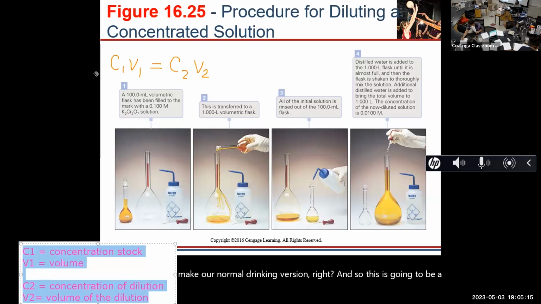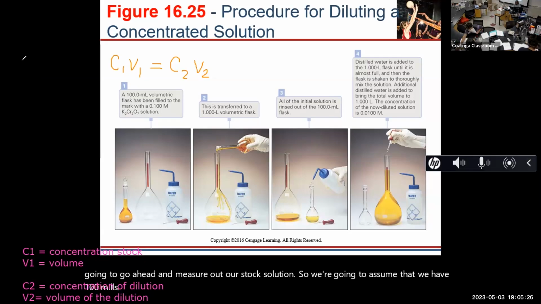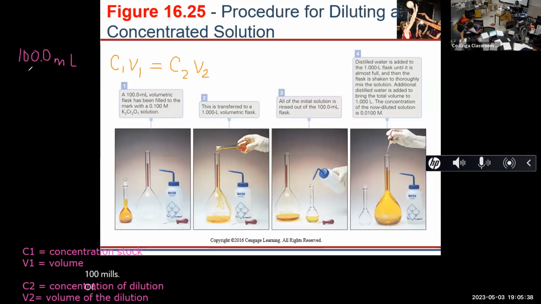So the way that we're going to do it is that for our stock solution, we're going to go ahead and measure out our stock solution. So we're going to assume that we have 100 mL of 0.100 molar K2Cr2O7.